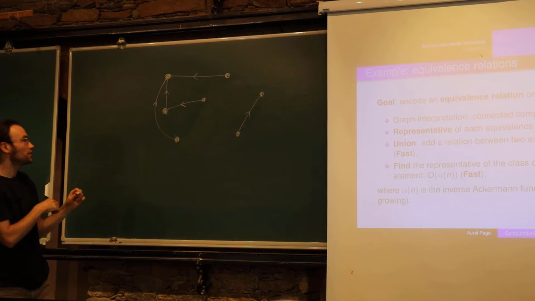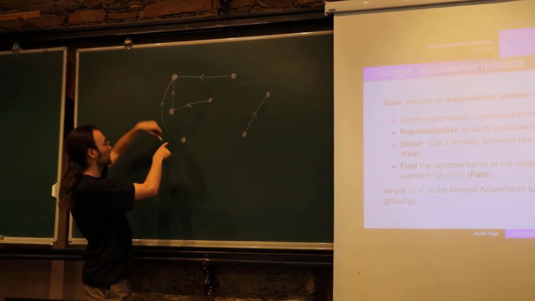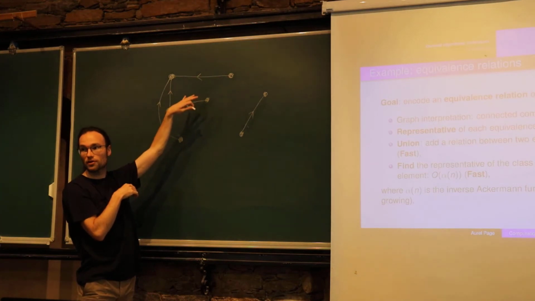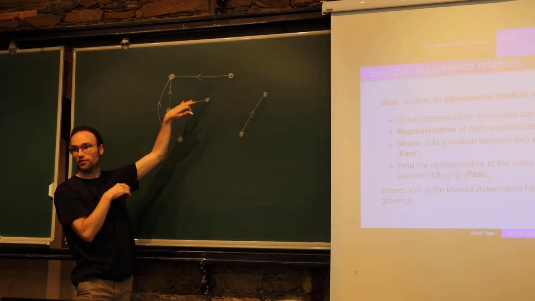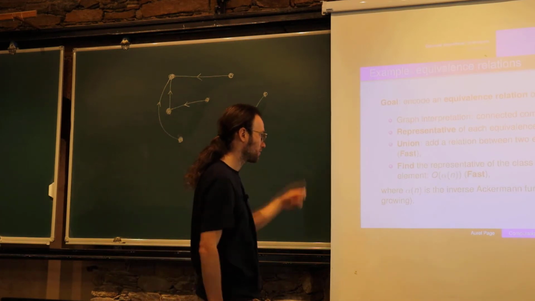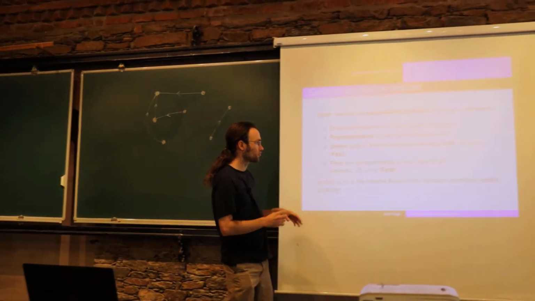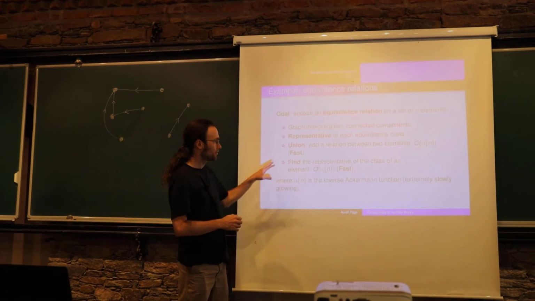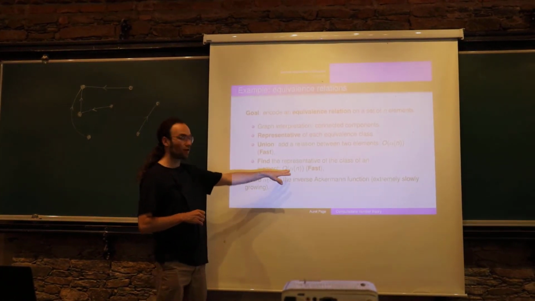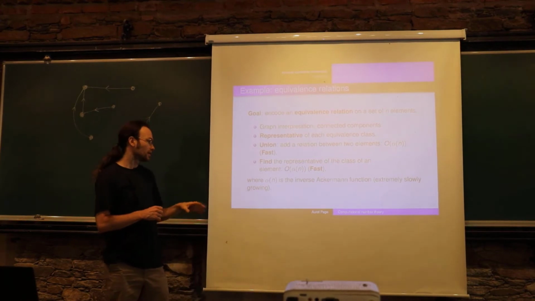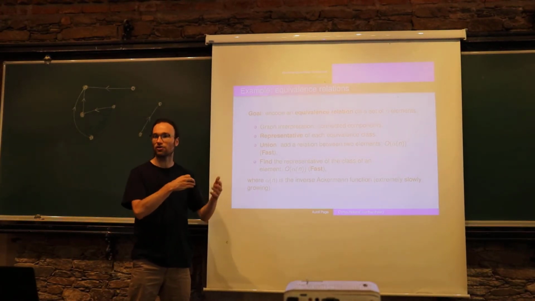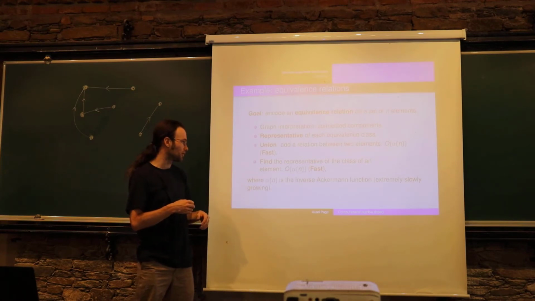And the effect of this is that the length of the path that you have at any point is always very short. And you can analyze this precisely. So there are basic analyses of this that give you O of alpha of n, where alpha is just like the iterated logarithm, like the number of times you have to apply log to be below 1.